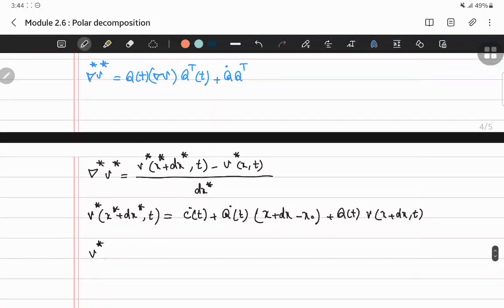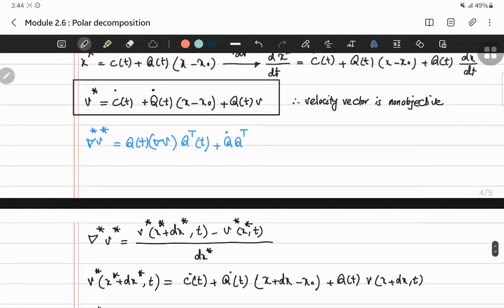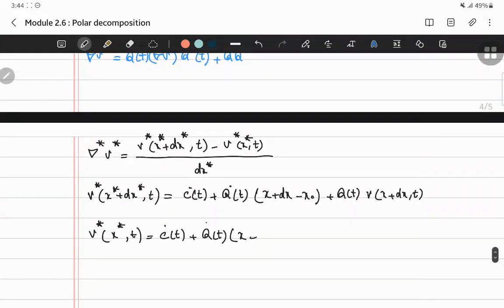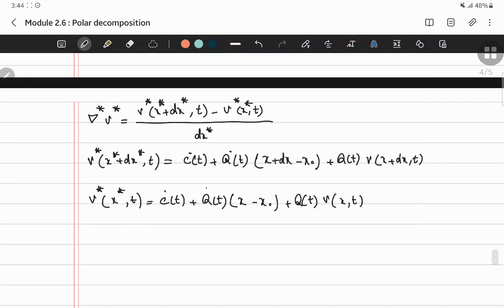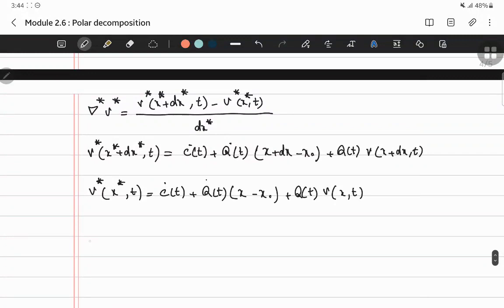Then v star of x star and t is equal to c dot t plus Q dot t times, or no, it is x minus x0 plus Q(t) v of x and t. Then I have 6 and 7.